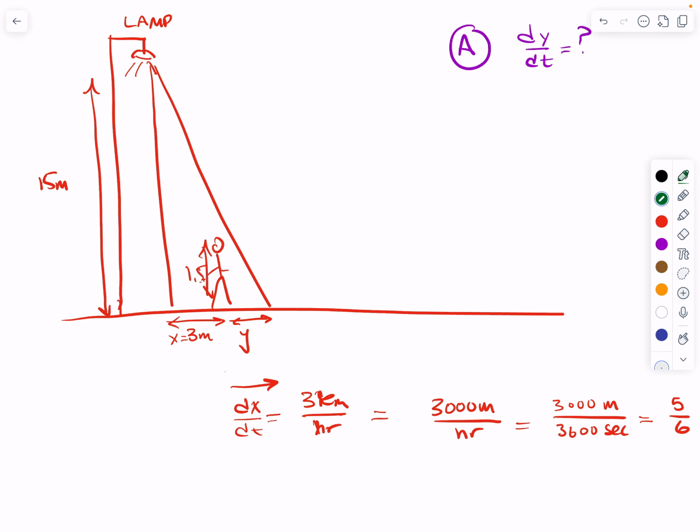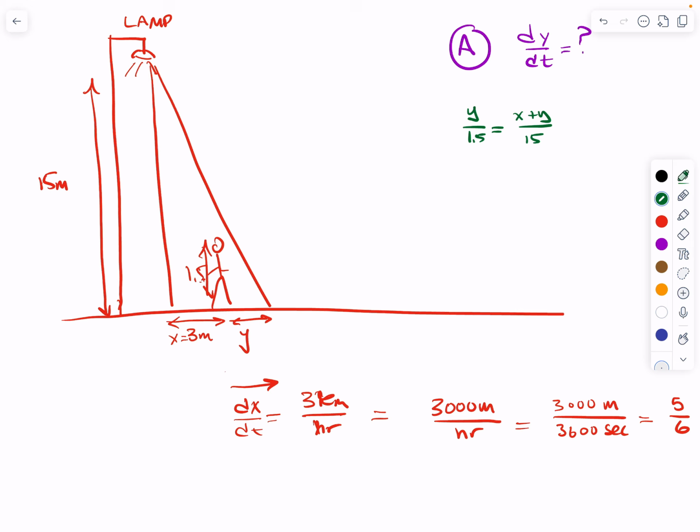We have the triangle that the woman makes with her shadow, and then the larger triangle that is made with the lamp. So let's go with the triangle with the woman first. y over 1.5 should equal x plus y over 15. So we have that relationship between x and y.